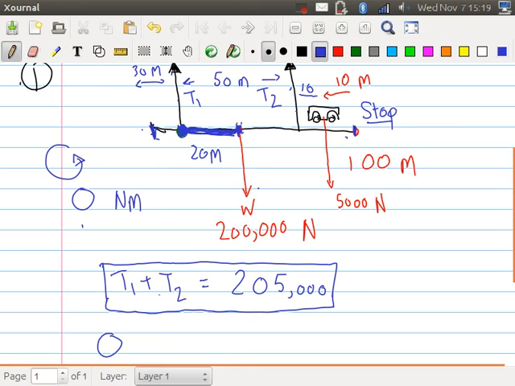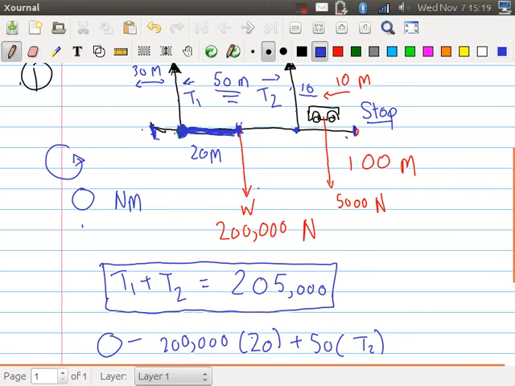What's the turning force for this? Minus 200,000 multiplied by 20. And then from here to here, how much is it? 50. 50 multiplied by T2.